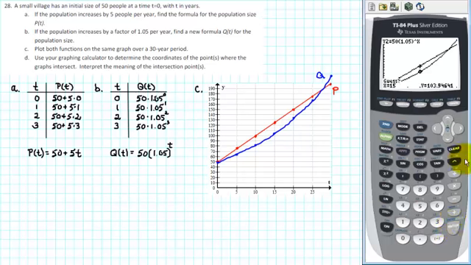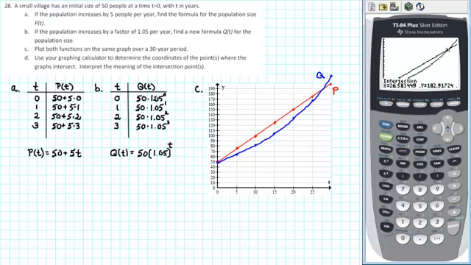And then use your right arrow key to move to the intersection point that you would like to find, and press Enter one more time. And the intersection is approximately 26.6, 183.